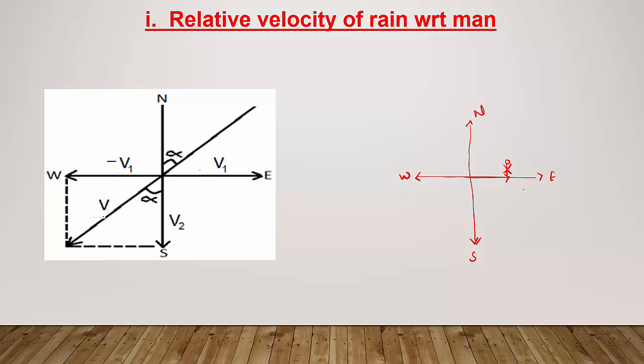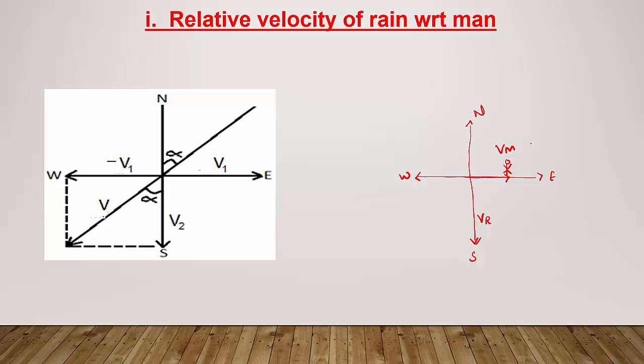Now I am going to take the velocity of the man as Vm and the velocity of the rain as Vr. What is Vm here? Vm indicates the velocity of man. Vr indicates the velocity of rain. Rain takes place in the downward direction. The man is walking towards the right side, or towards the east direction.